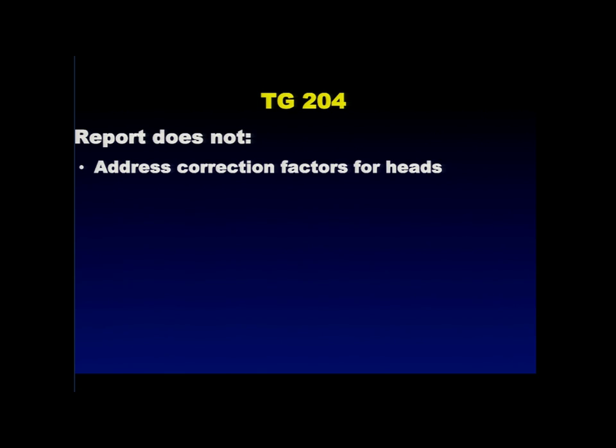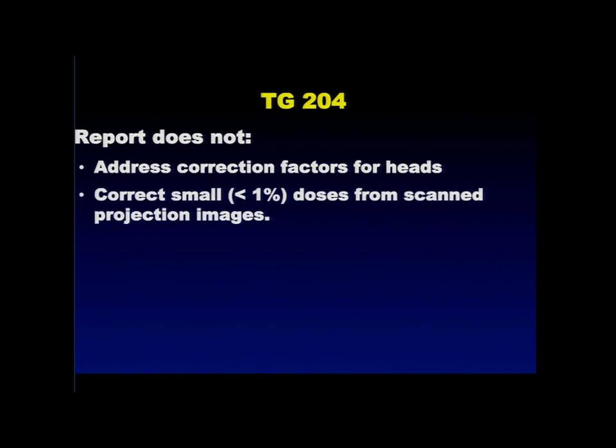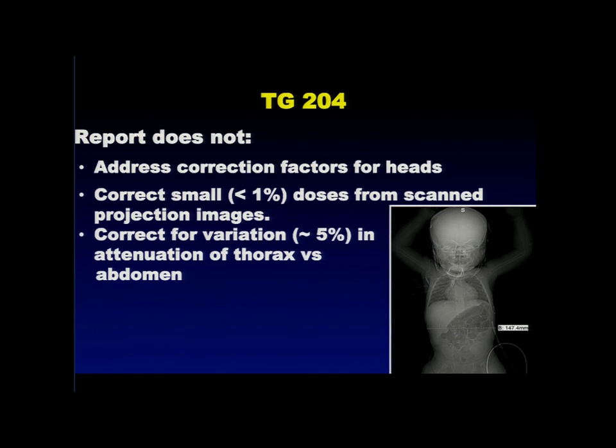So what does the report intend to do? It does not address correction factors for heads. We're working on that today. Hopefully we'll have that in a year. It doesn't correct for the small doses from the scan projection images, commonly referred to as scouts, but that dose is typically less than 1% of the total dose the patient received.